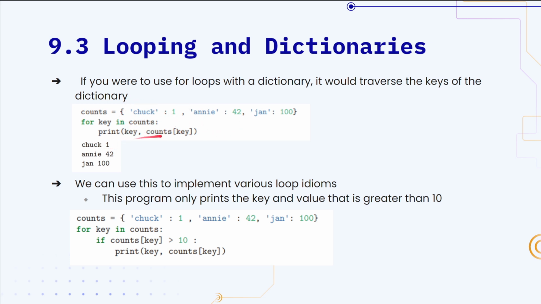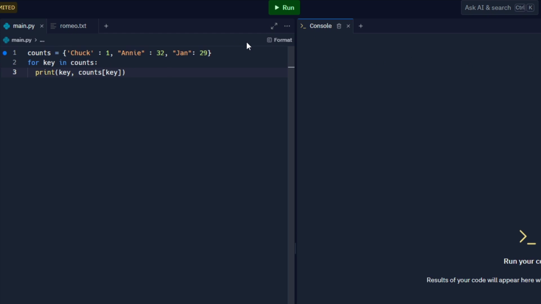But you could, using the counts of the key, if you do want to print the key, you could print the key as well as the value using counts and the index key. So over here, this is how the program will look. We have the counts dictionary using Chuck, Annie, and Jan.